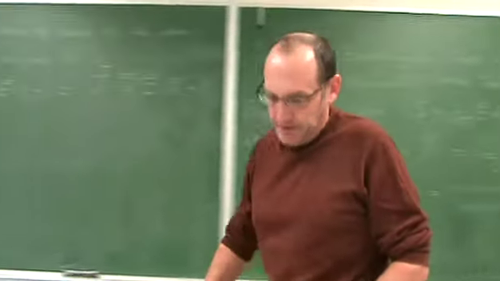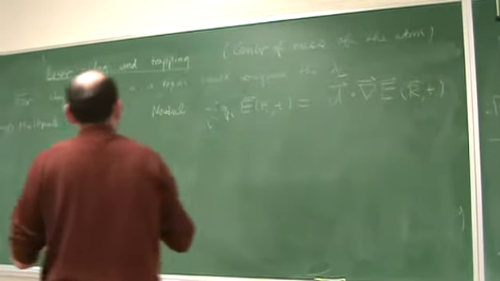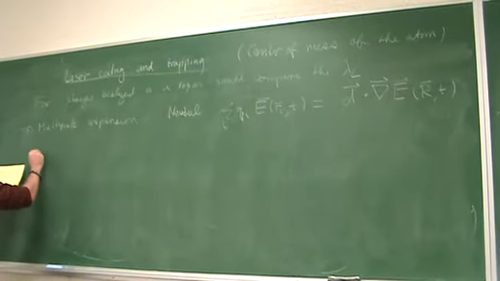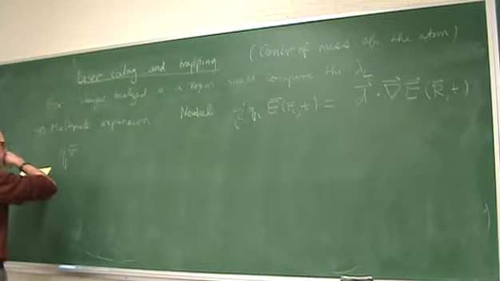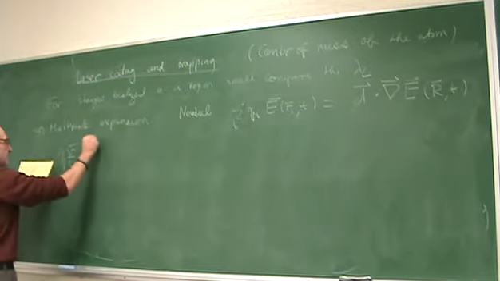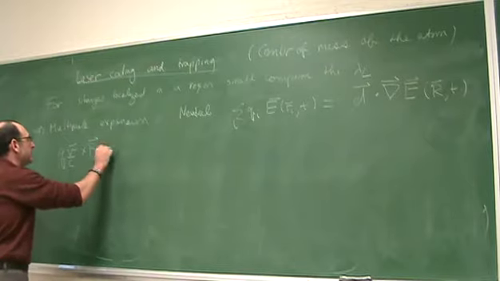What about the other term? Qv over c cross B. Well, the only thing that's moving here is the electron. Basically, the nucleus is so darn heavy, it's not moving. So this is the position of the electron, its motion.